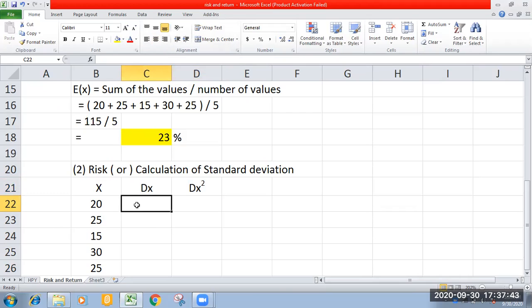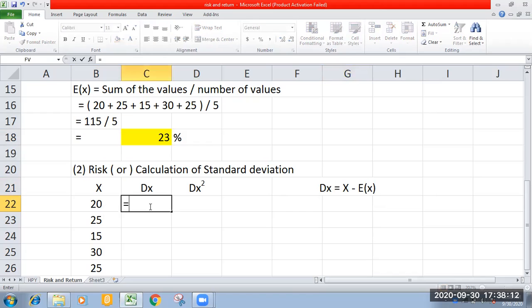Dx is the value obtained by subtracting the expected return from each of the x values. Thus, we can write a formula: dx is equal to x minus expected value of x. Thus, in each of the dx values, you take the x value and subtract the expected value.